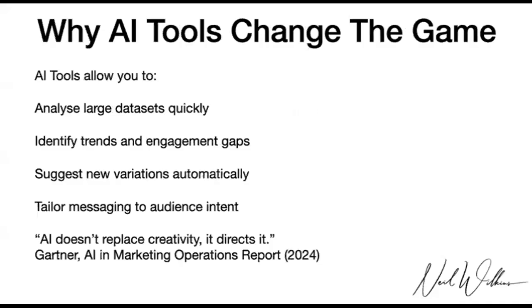So, why do AI tools change the game? Why are we now talking in this way of optimizing using AI tools rather than just the traditional testing and having a little look at the data and the insights and then making it up as we go along? Well, AI, I'm sure you're very aware, will enable you to analyze large data sets very, very quickly.